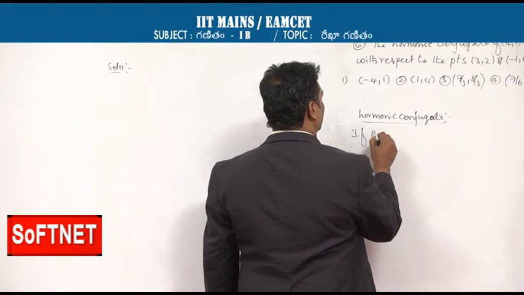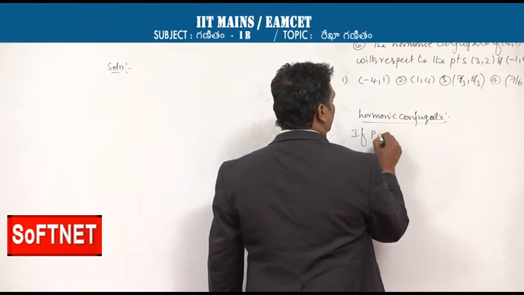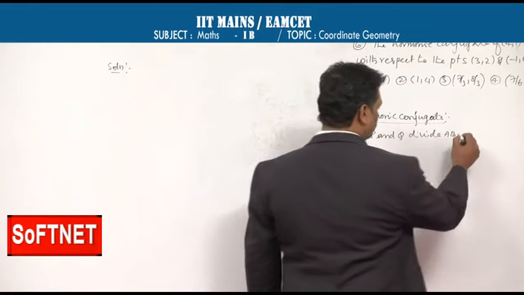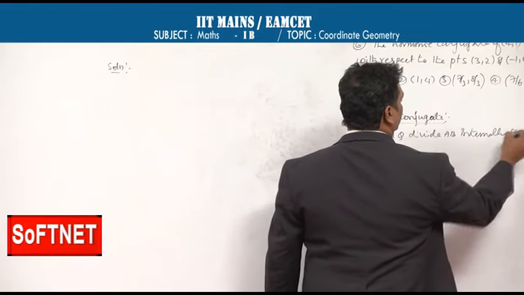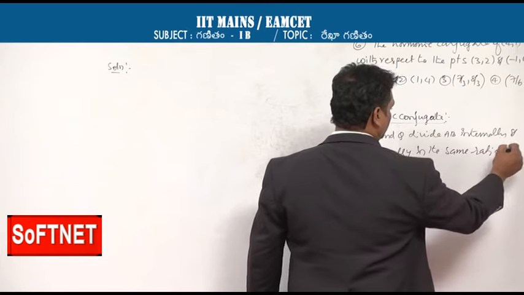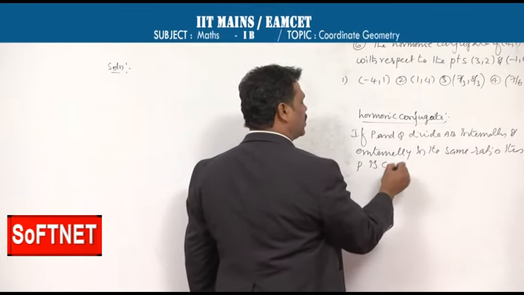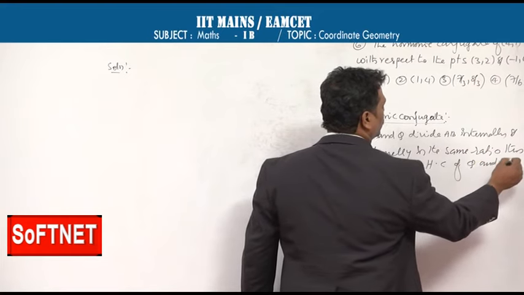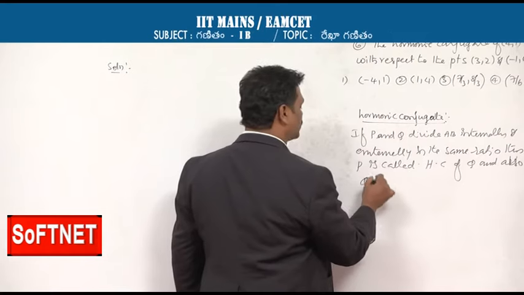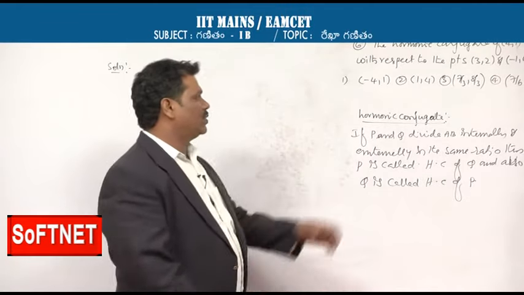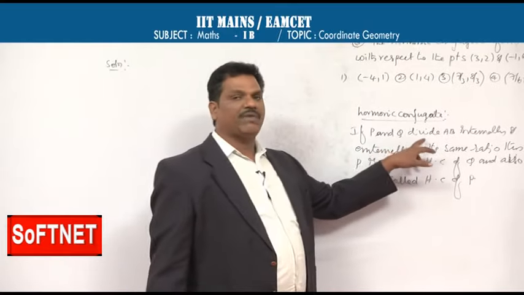If P and Q divide AB internally and externally in the same ratio, then P is called harmonic conjugate of Q, and also Q is called harmonic conjugate of P.